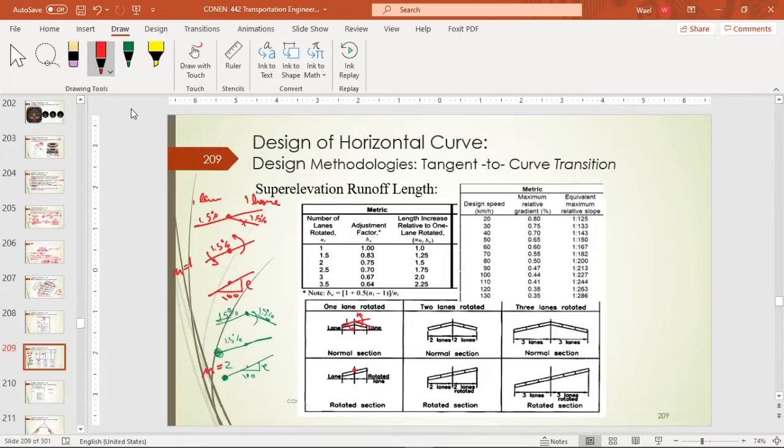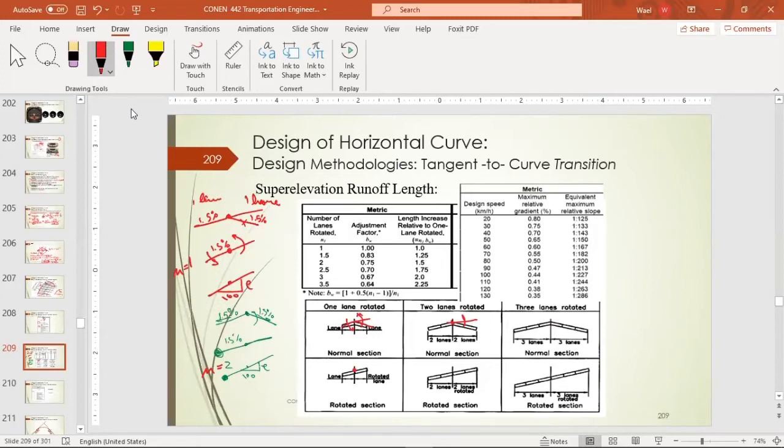Sometimes we rotate around the center, sometimes we rotate around the edge, and I will explain why. Here N is 2, even if we are rotating around the center, because we have 2 lanes rotating. Here we have 3 lanes.